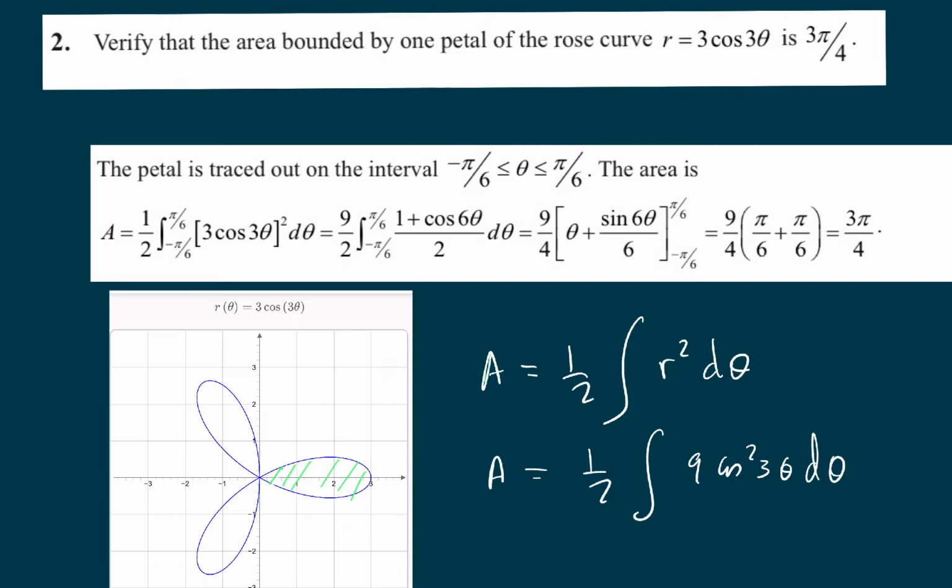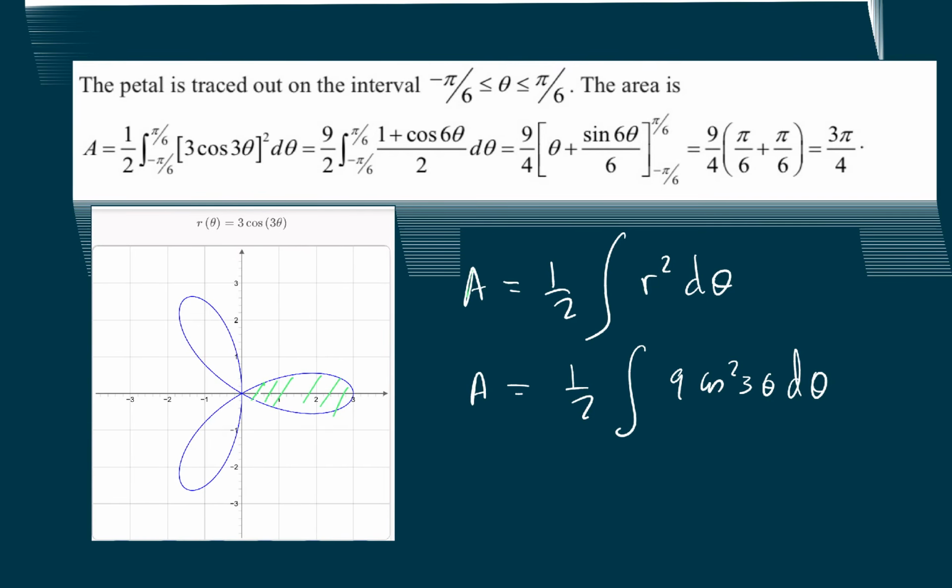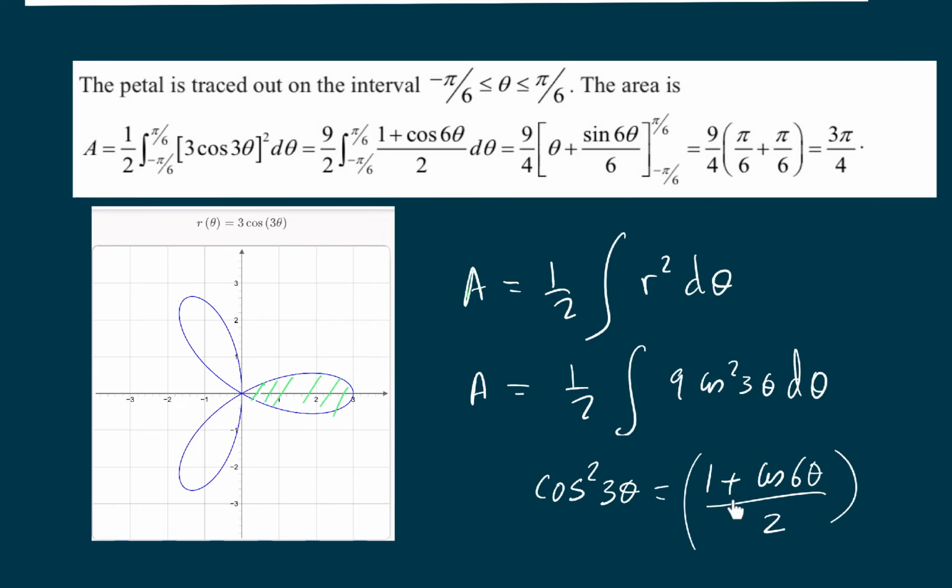It's the same technique that we used on the last problem, that is to write cosine squared of 3 theta like 1 plus cosine of the double angle 6 theta divided by 2. So doing this integral means doing this substitution. You substitute cosine squared of 3 theta by this expression, and it will be very easy to find the integral.